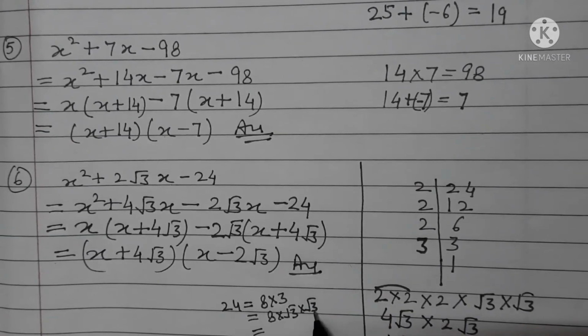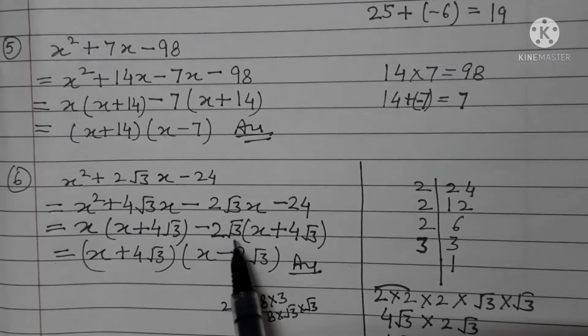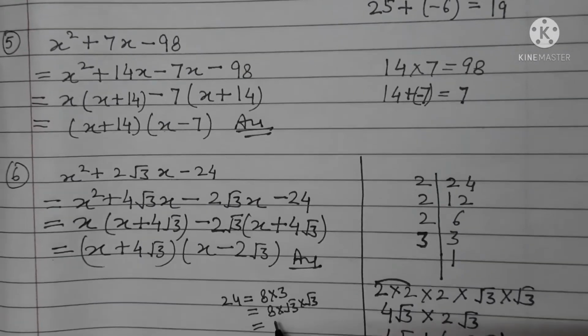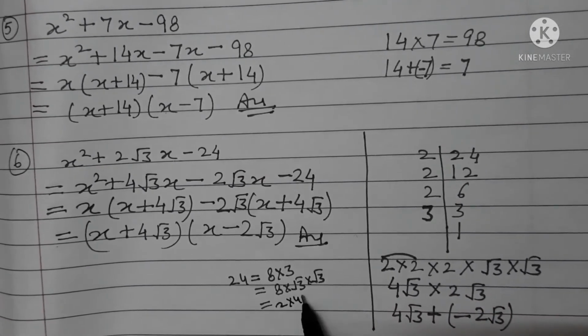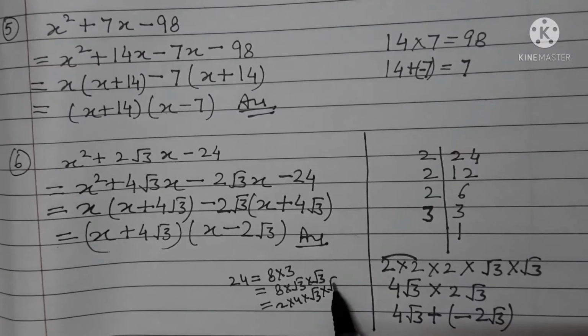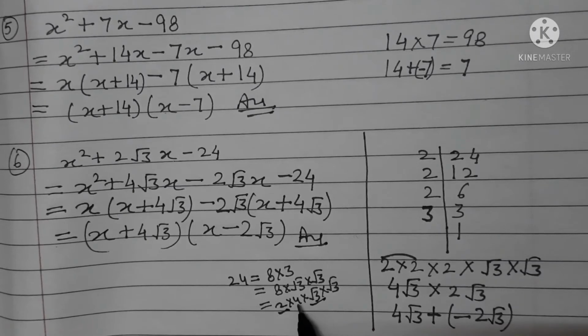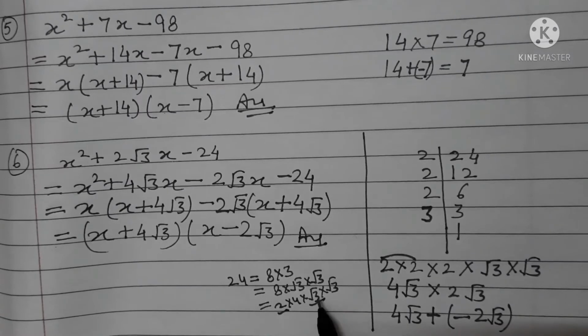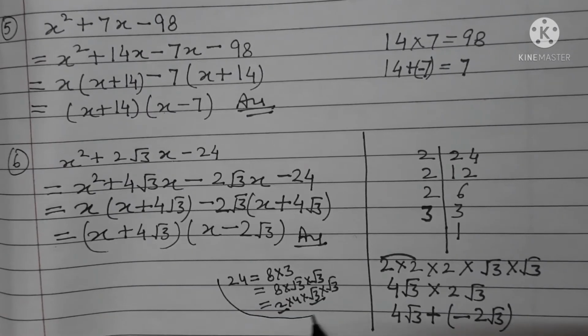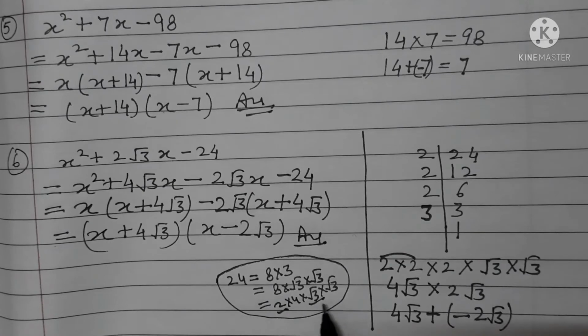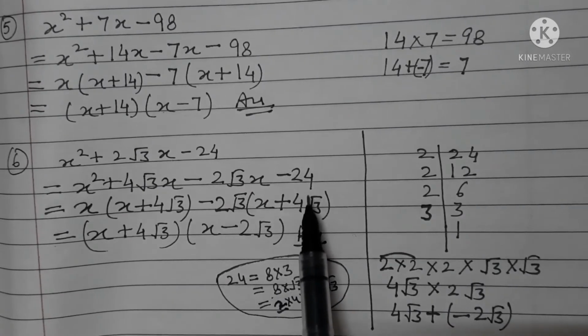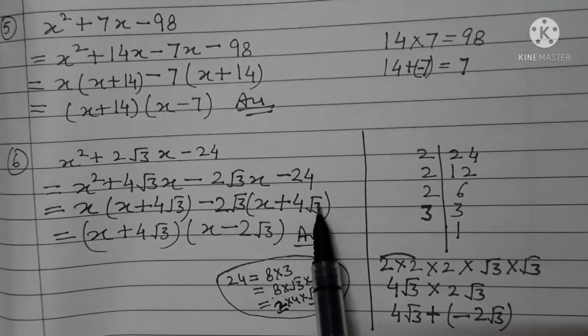When you take 2 root 3 common, it means 2 common and root 3 common: 2 into 4 into root 3 into root 3, and taking 2 and root 3 common, in the bracket 4 root 3. You need not show this; only for the understanding of the students I have shown here how to get 4 root 3 in the bracket.